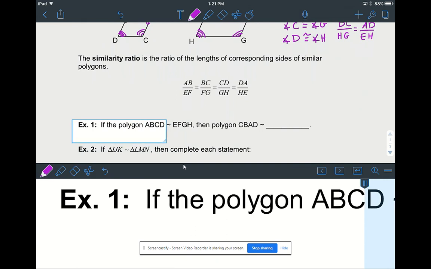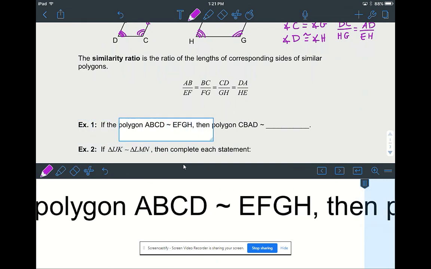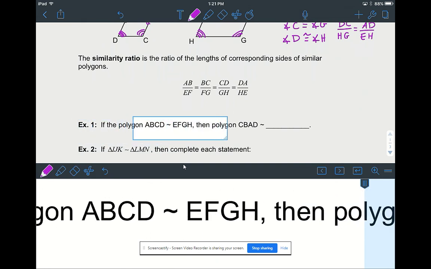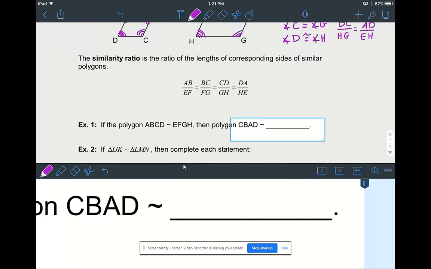All right, example 1. If polygon ABCD is similar to polygon EFGH, then polygon CBAD is similar to what? So basically, remember whenever we were going through the congruent triangles unit, we had to have the same order in everything that we named. It's the same situation in similarity.